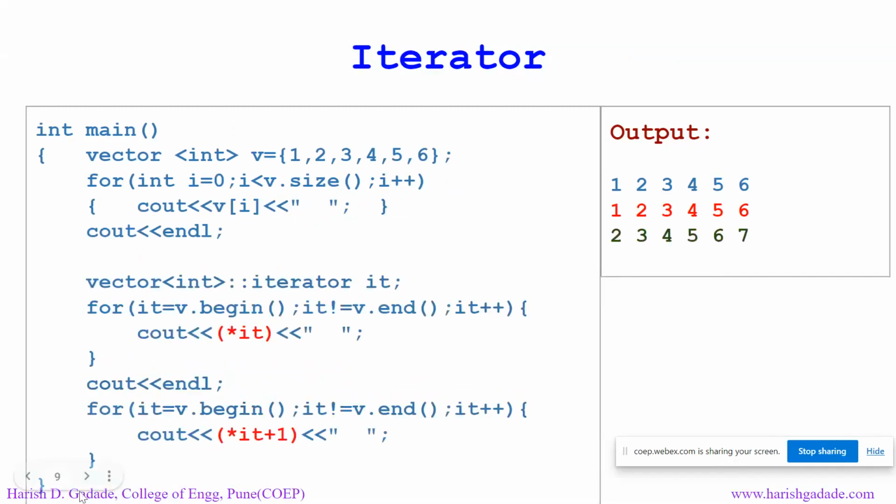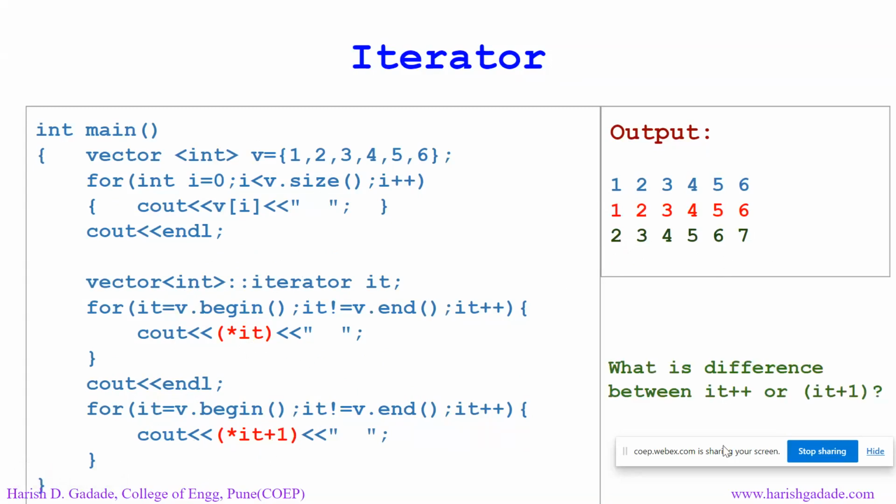Now next, using this also, as I said, it plus plus and it plus 1 output would be different. Here I am adding plus 1 to the iterator value, right? So with this the output is 1 2 3 4 5 6, and if I add plus 1 to the values of the vector, then it will be incremented by 1, so 2 3 4 5 6 7, right?